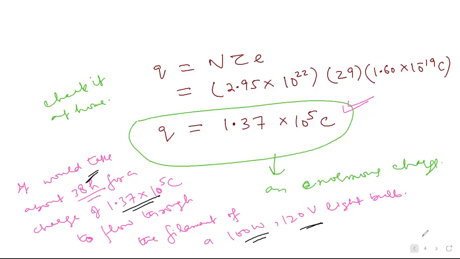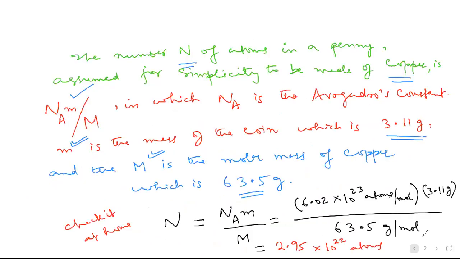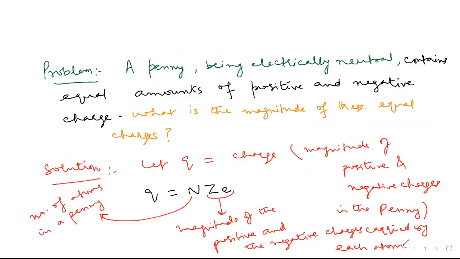Before leaving, I will summarize. We had to find the magnitude of positive and negative charge inside a penny. So we said let it be Q, it will be N times Ze, where Z is the charge number of the atoms in the penny, e is the magnitude of charge on an electron or proton, N is the number of atoms.